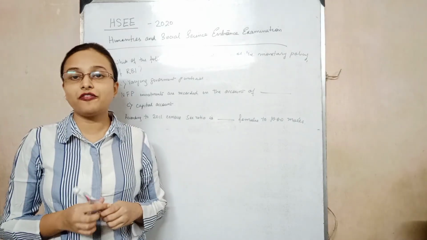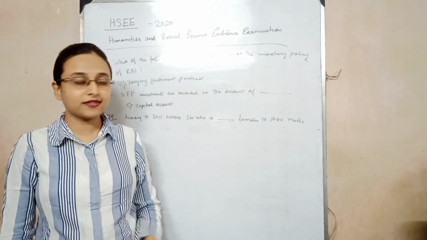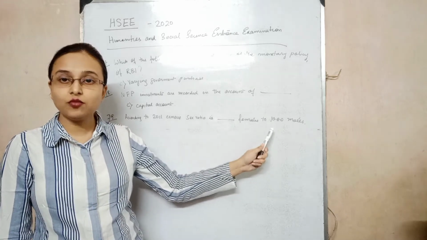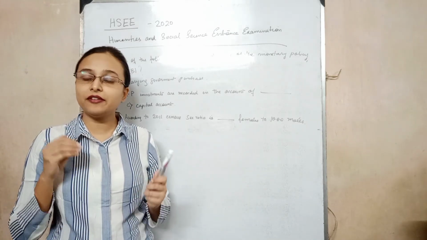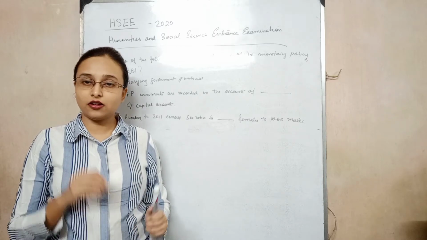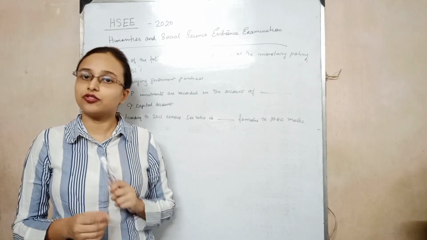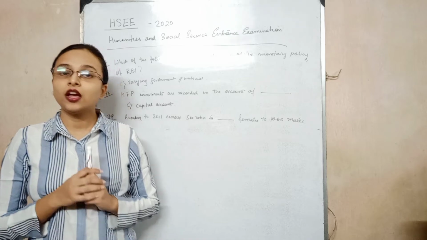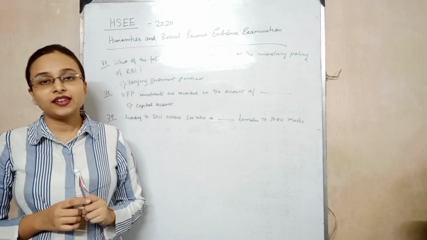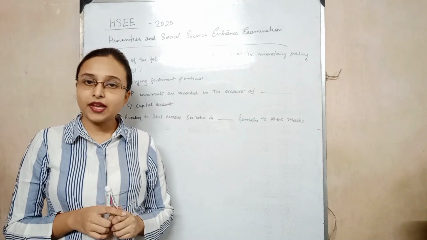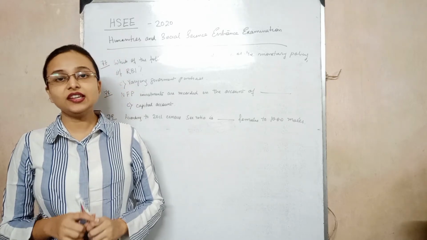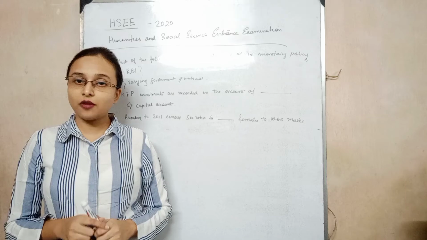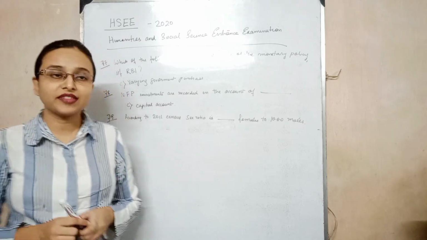It is the number of females to the number of males. So, the number of males is given, which is 1000. So, we have to write the figure of how many females are present for 1000 males. That is the question. The options given are A, 927, B, 933, C, 940, D, 950. So the correct option that was published is C, 940.